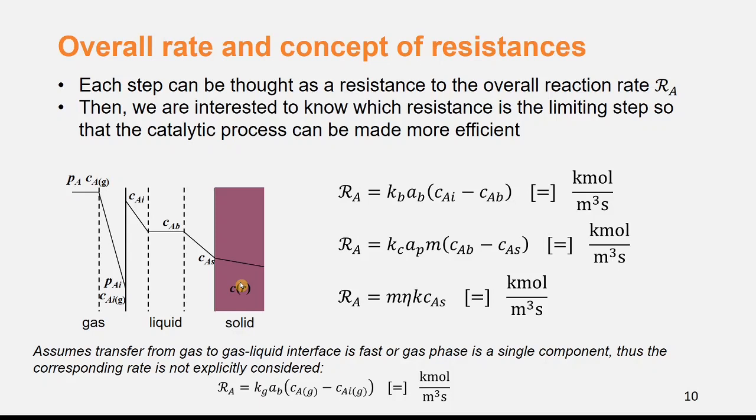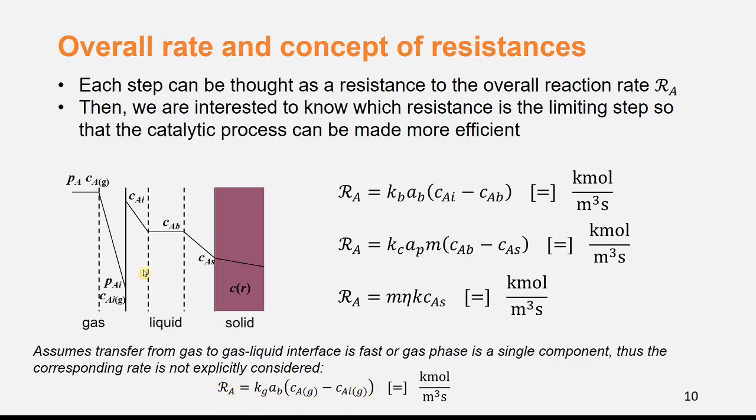As I've mentioned, for the case that we are considering in this lecture, we can ignore the mass transfer on the gas side film because we only have one component in the gas phase. So there is no mass transfer there. If you cannot ignore it, then you would write the rate of the gas side film mass transfer like this.